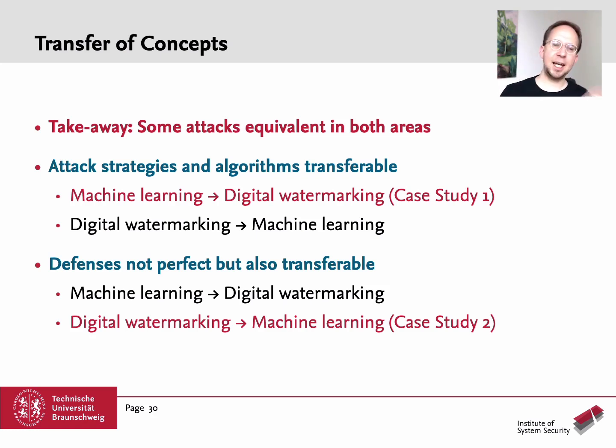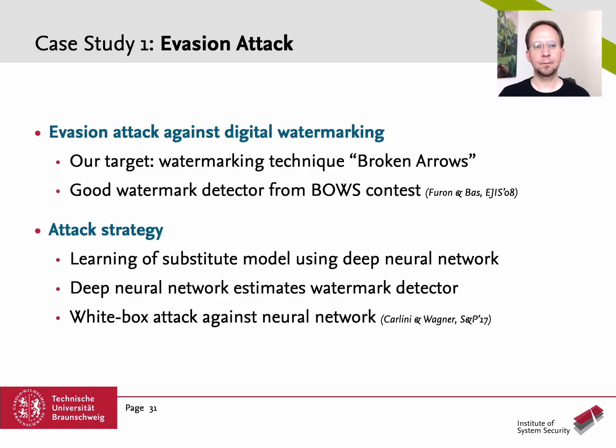The other is taking a defense from watermarking and applying it to machine learning. Again, the defense that we're looking at is not perfect, but I will show you in the next slides that in both cases the things are transferable, which shows that our joint idea of having attacks against machine learning and digital watermarking enables one to transfer the attacks, but also the defenses.